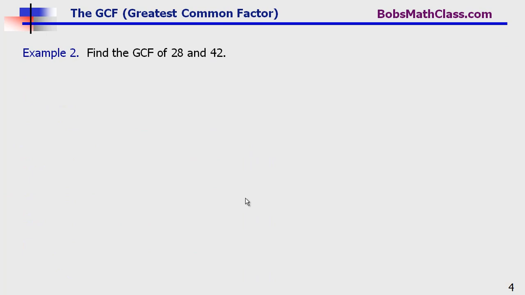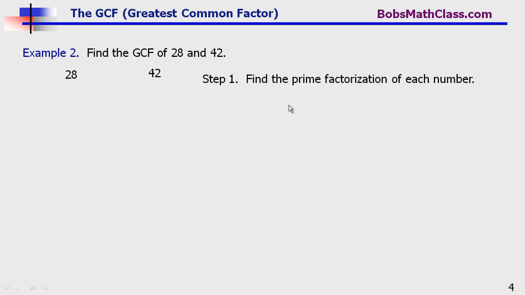Find the GCF of 28 and 42. Again, you might want to pause and then click on play when you're ready to see the solution. Okay, let's find the prime factorization. We have 28 and 42. 28, 4 times 7.